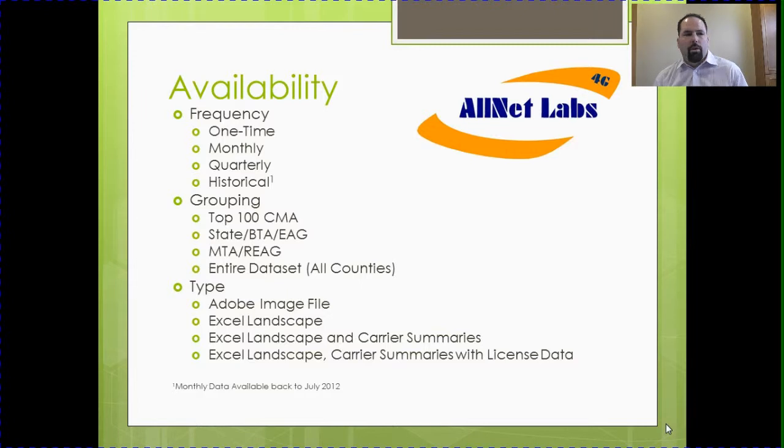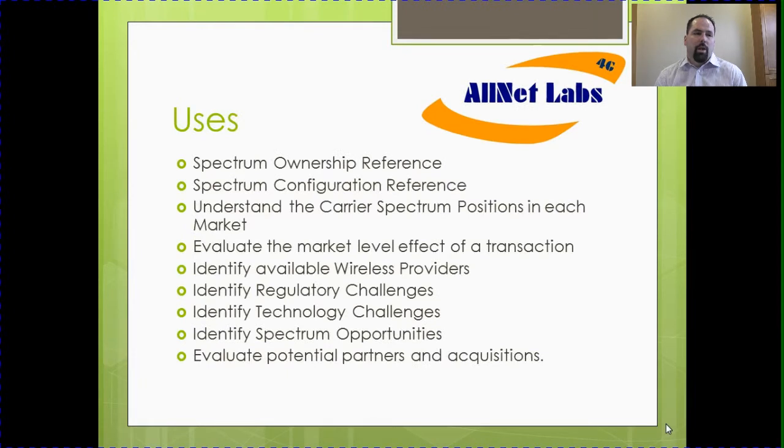The uses of this spectrum, I've got just a few listed there. Primarily the spectrum ownership reference, the relative spectrum positions in each market. You can visualize some of the regulatory, time to market, technology challenges, looking at potential partners and acquisitions.